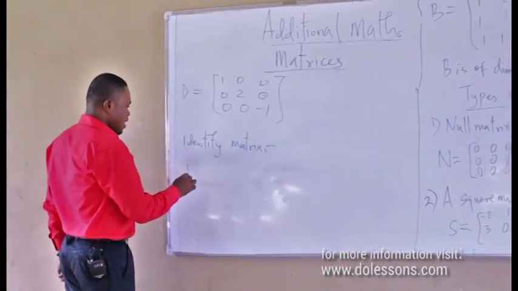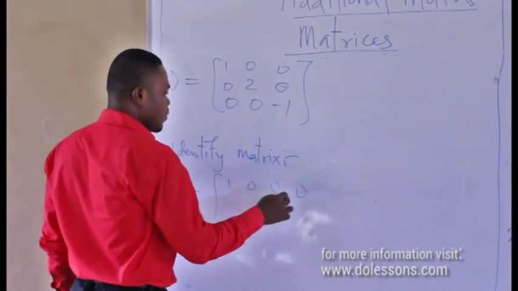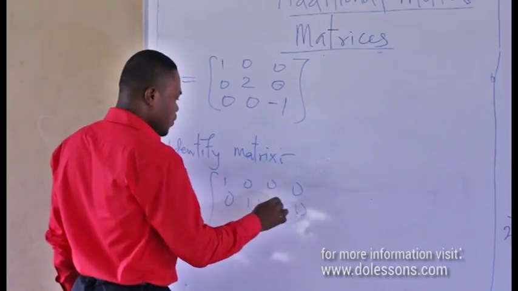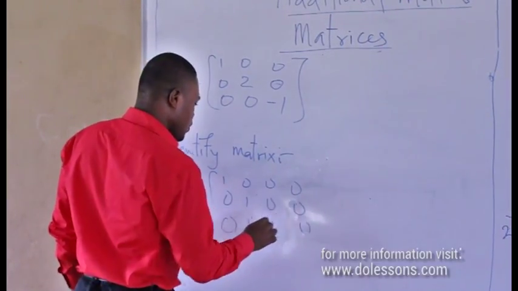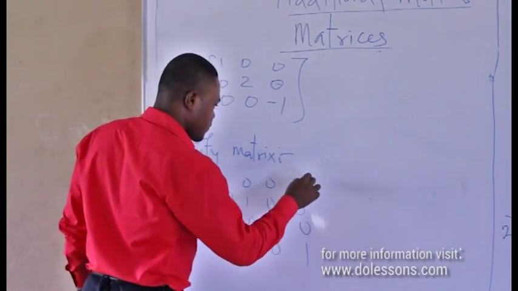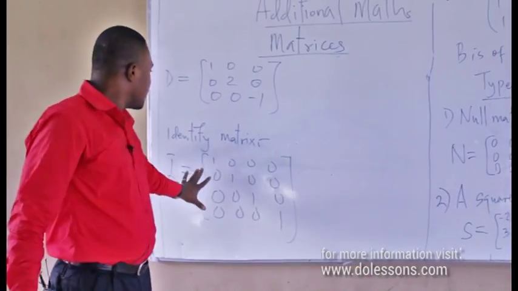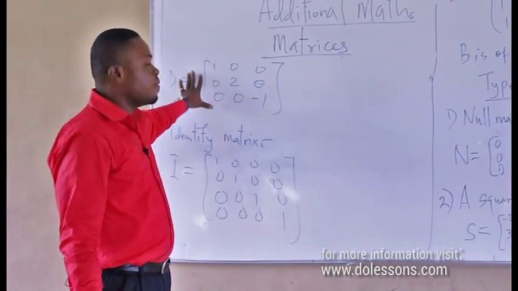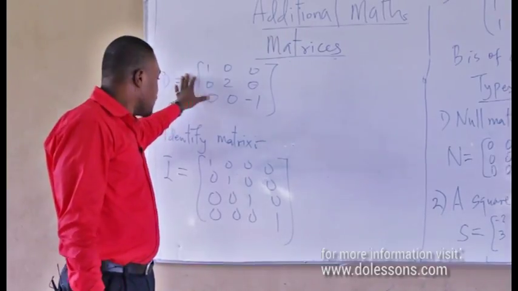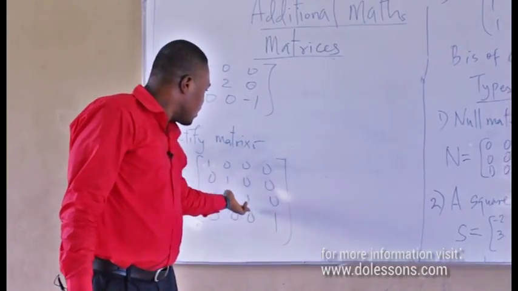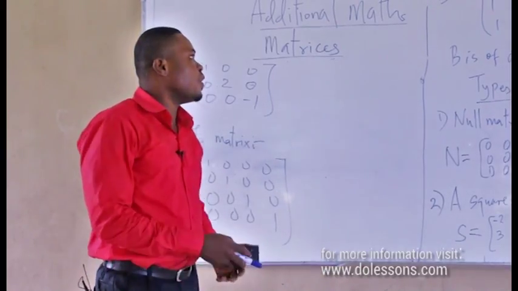Example, I equals 1 0 0, 0 1 0, 0 0 1. Here you find that this is a special case of a diagonal matrix for which the leading diagonal contains the element 1 and 0 elsewhere.